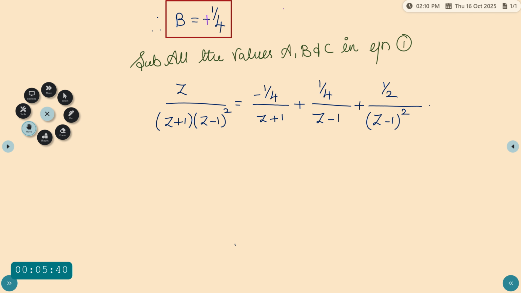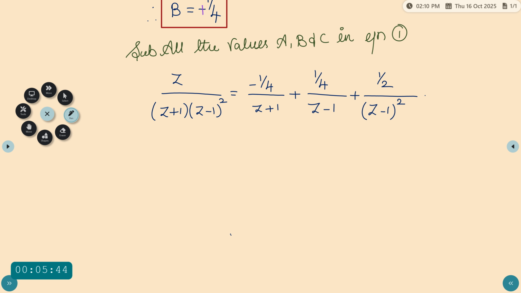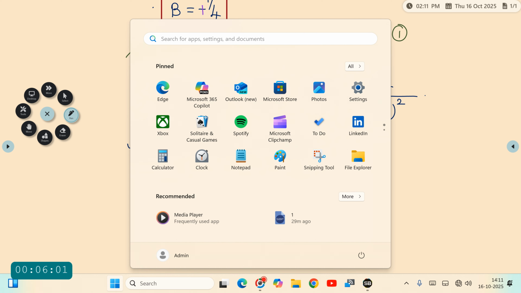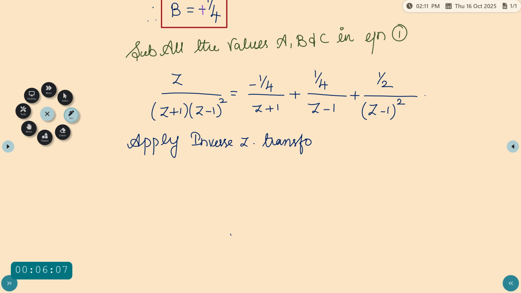Next, we are going to apply the Z inverse transform on both sides. Apply inverse Z transform on both sides.